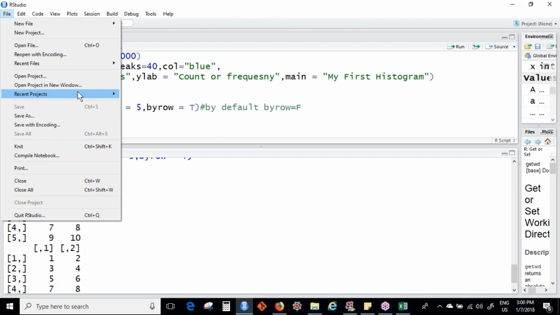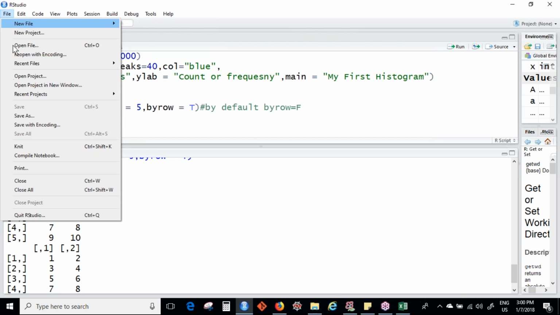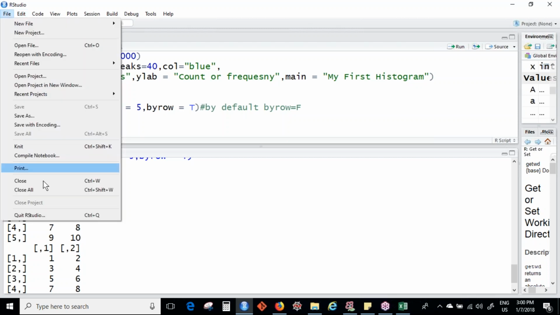Let me restart R. Okay, I'm getting the outputs twice. How do we restart R? There was an option somewhere.